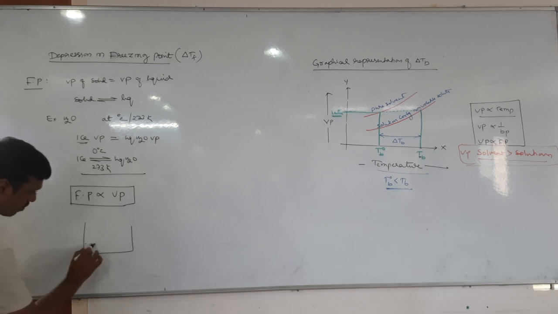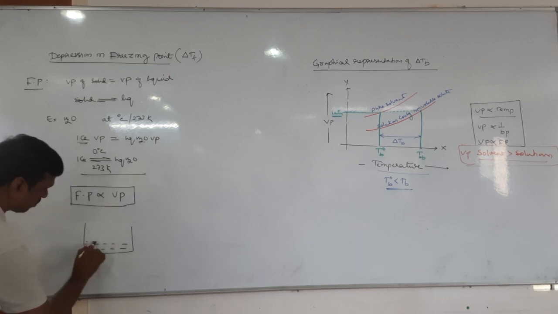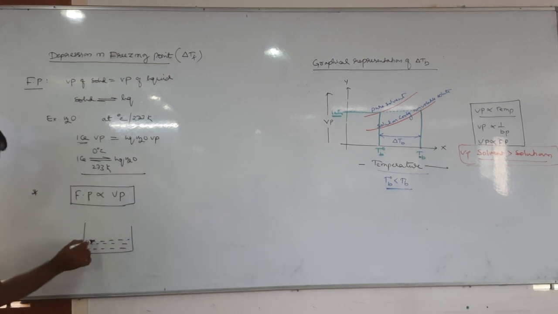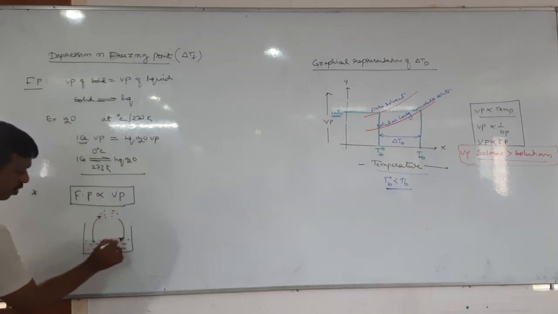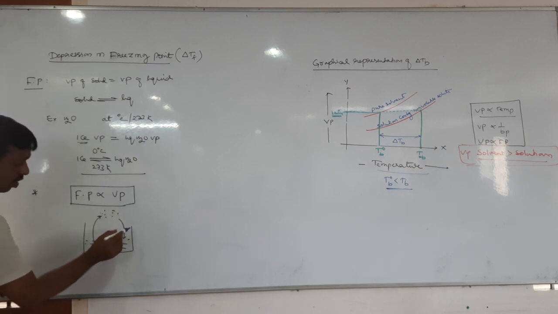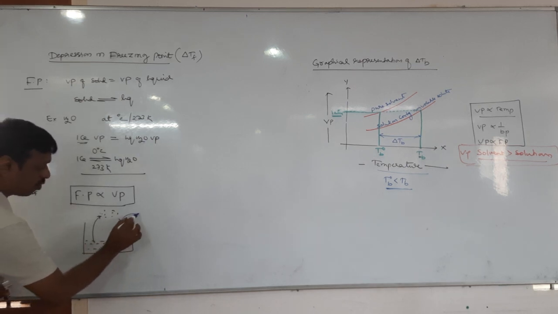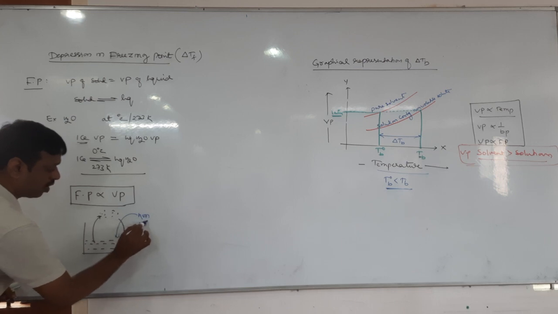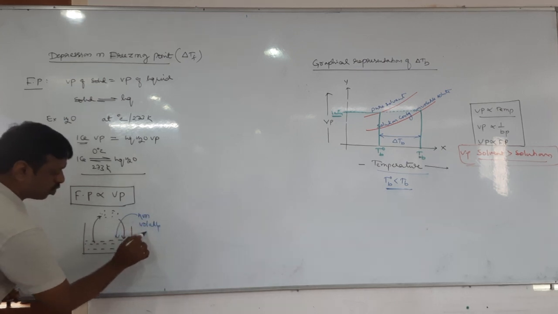So since freezing point is directly proportional to vapor pressure, let us take this volatile solvent. It undergoes vaporization, and of course it has vapor molecules, which undergo condensation. Now tell me, to this volatile solvent, let us add a small amount of non-volatile solute.